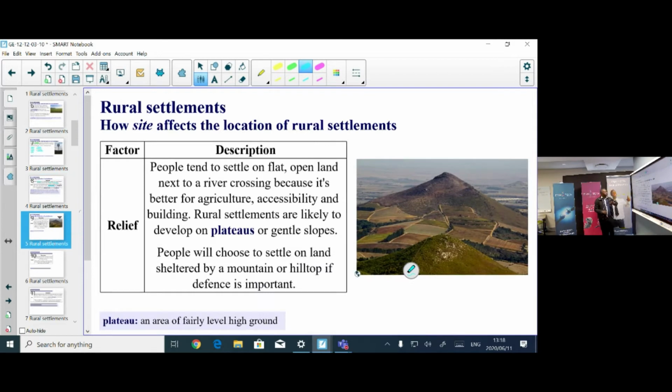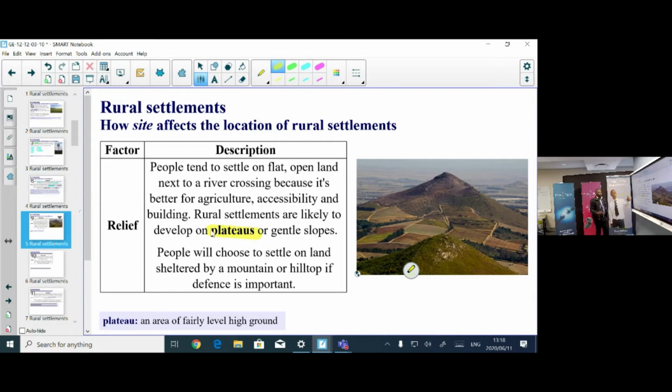Rural settlements, another factor is relief. People settle on flat open land next to a river crossing because it's better for agriculture, accessibility and building. Rural settlements are likely to develop on plateaus. I was mentioning this word yesterday.